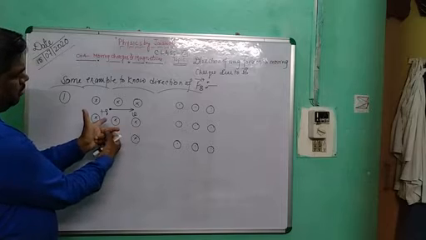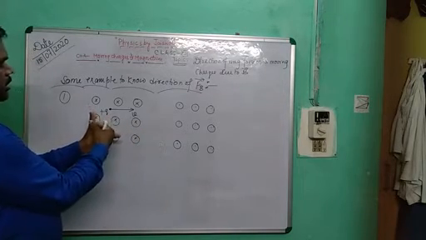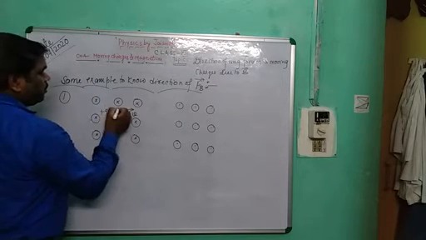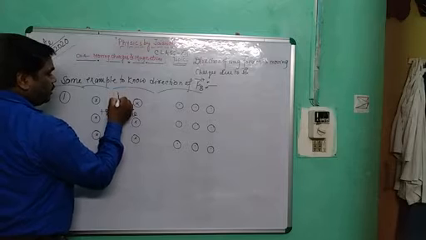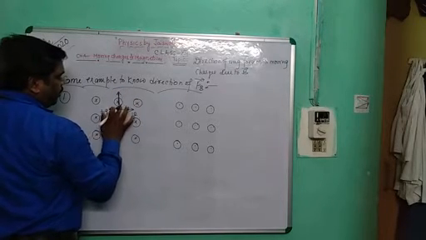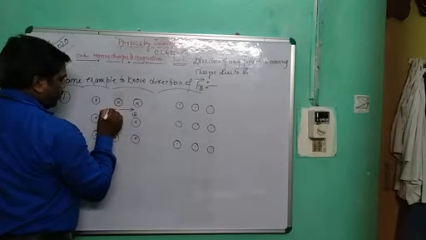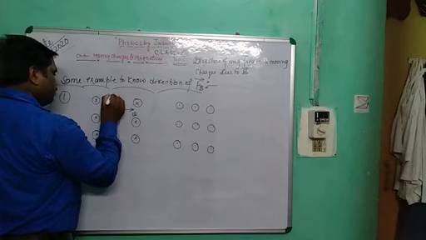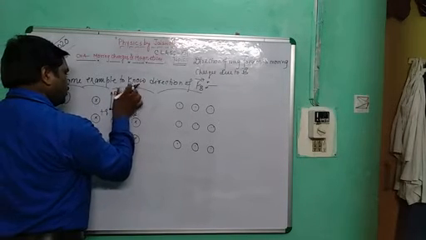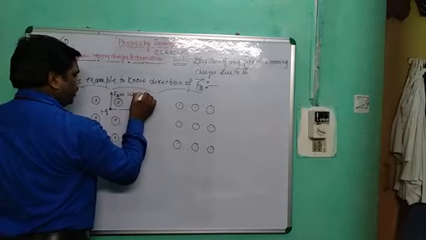This will be the direction of velocity of the moving charge, and the thumb will give the direction of magnetic force, which points in the upward direction.